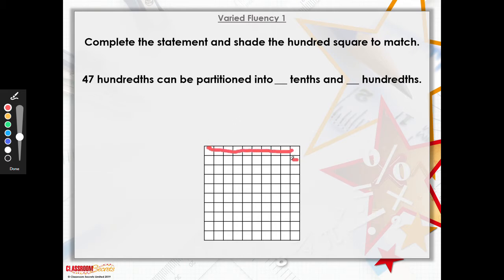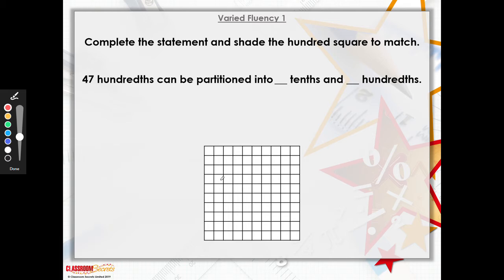That's 1, 2, 3, and 4. That would be 40 hundredths because each one of these rows is worth 10, or tenths, technically. So that would be 1 tenth, 2 tenths, 3 tenths, and 4 tenths.